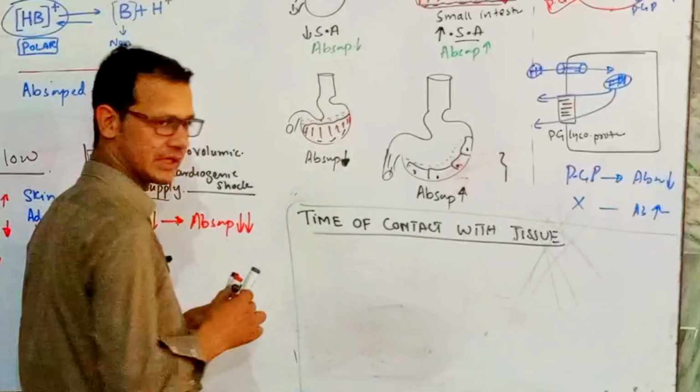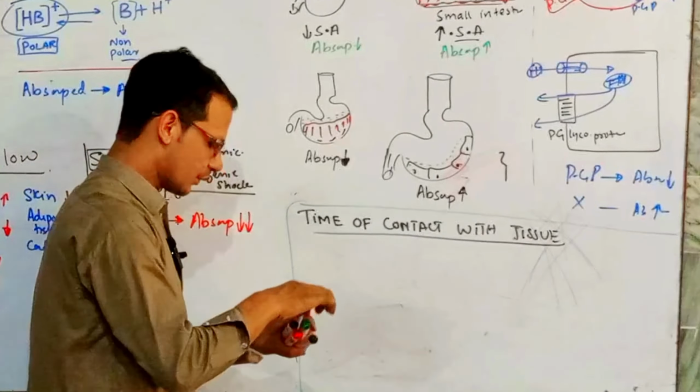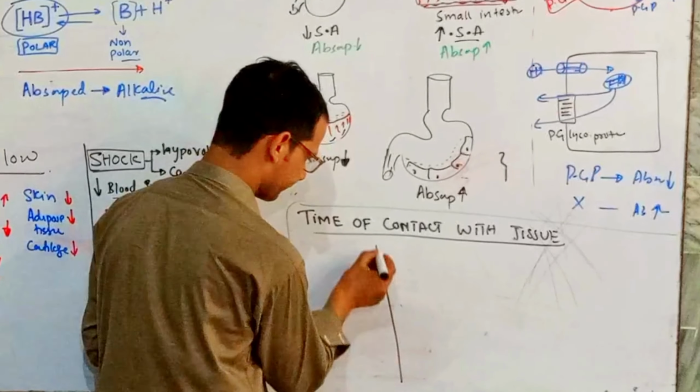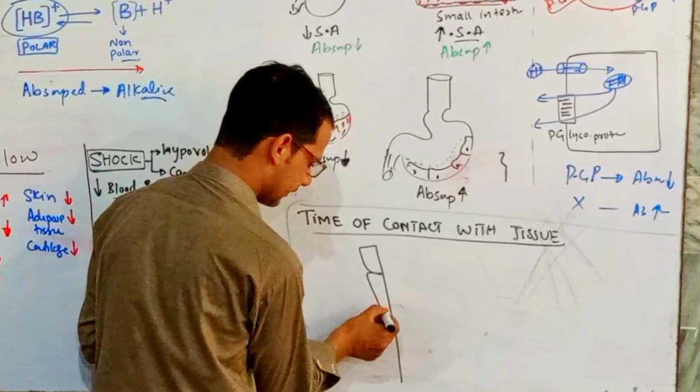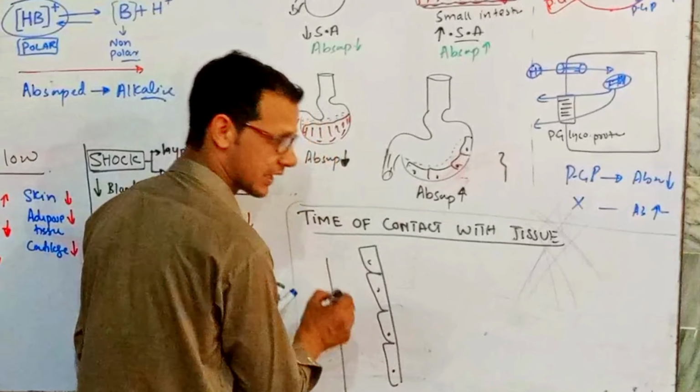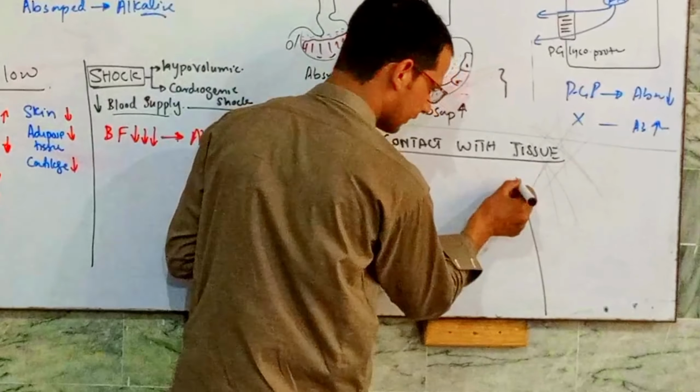Drug time of contact with tissues. For example, we have two patients. This is the small intestine. These are the cells of the small intestine, and this is another patient.